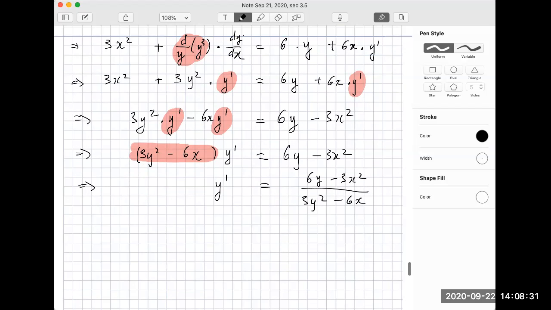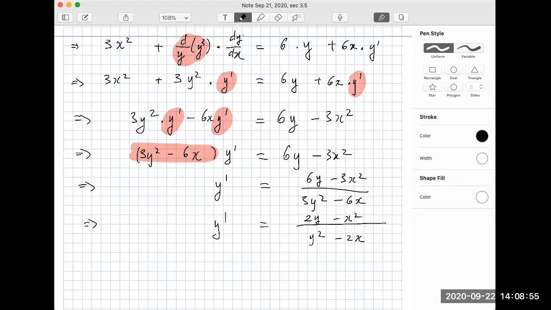And the right-hand side will be, if this is divided by 3, it will be 2y, and, thank you, the denominator, thank you.